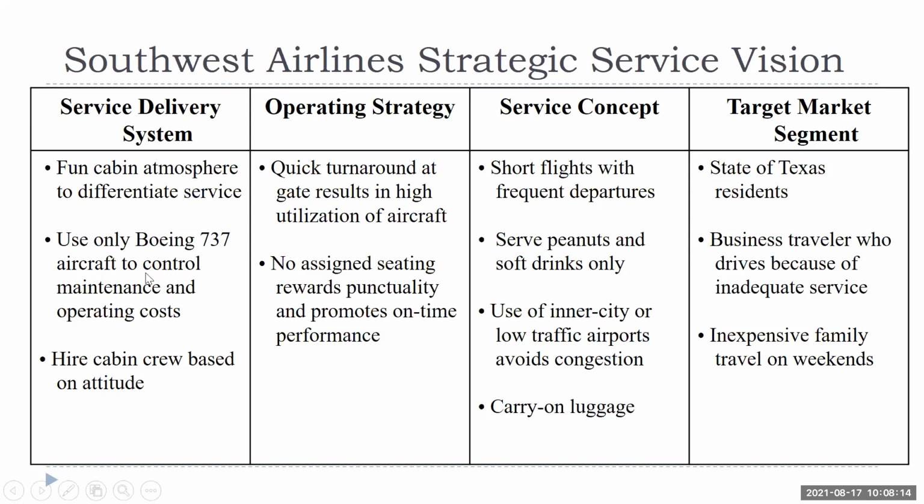Rather than using bigger aircraft, which were running empty, they started using smaller, similar aircraft. What happens if you have similar aircraft? Equipment cost anyhow will be the same, but for maintenance, whatever components you regularly need, you can buy in bulk. Imagine if you have different aircraft from different companies, from Boeing and from Airbus.